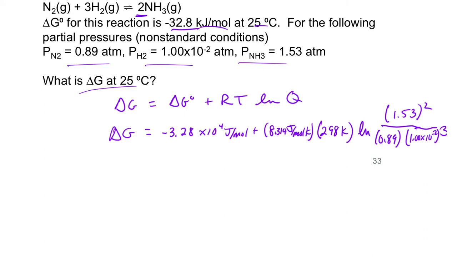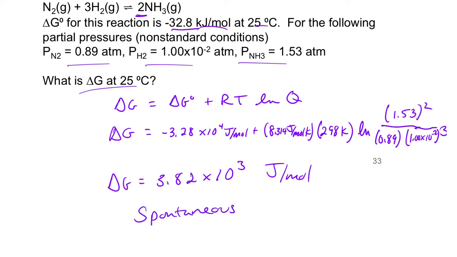Going through all of this algebra, we're going to end up with a delta G equal to 3.82 times 10 to the 3rd joules per mole. So is this reaction spontaneous? No, it's not.